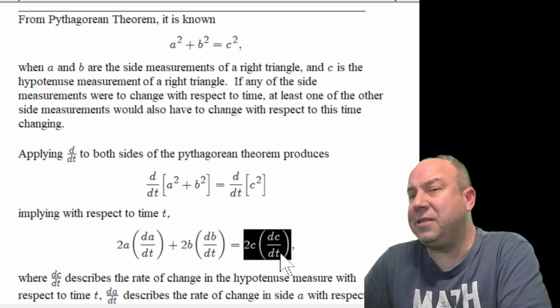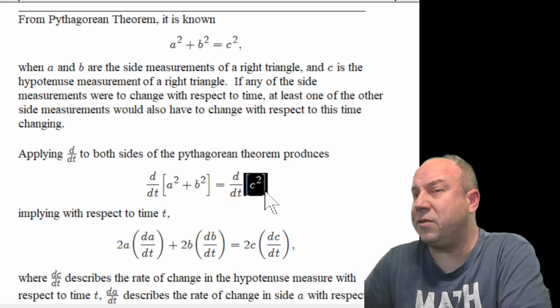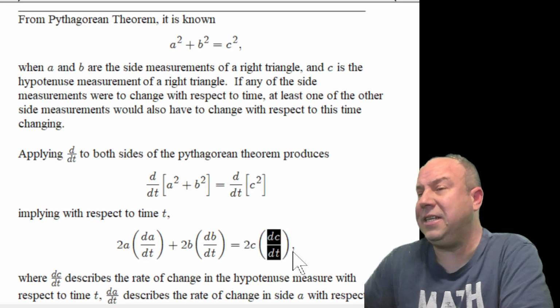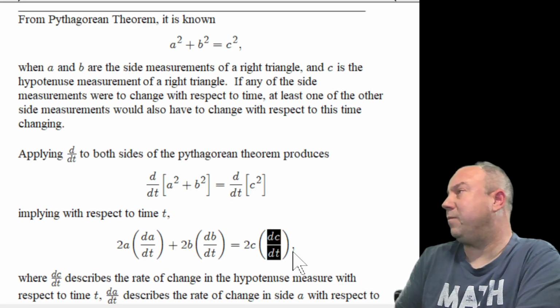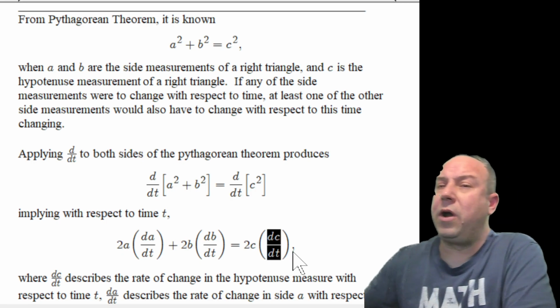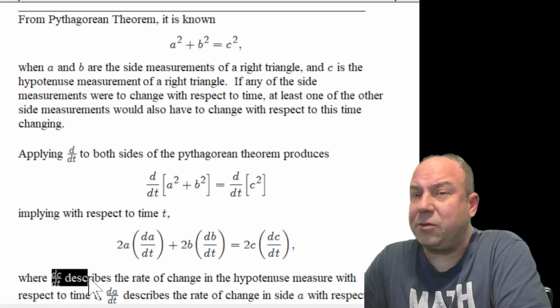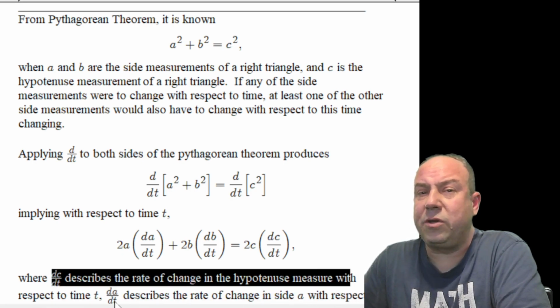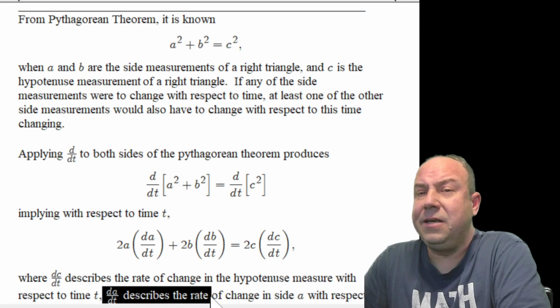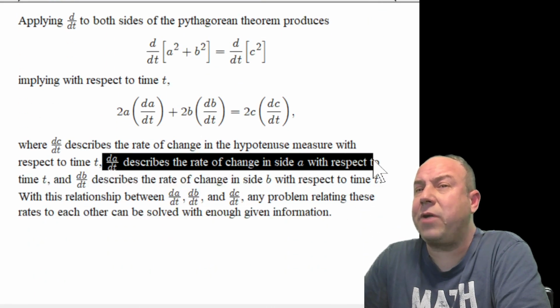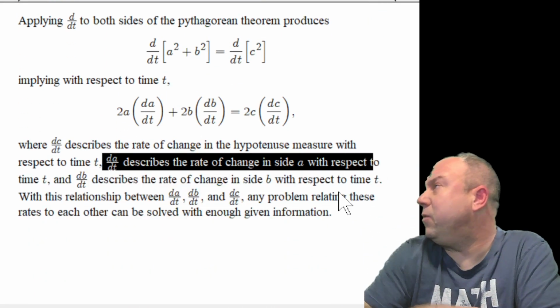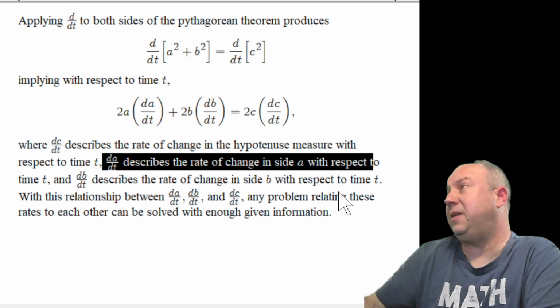And we see a similar result here on the right-hand side for c squared. It would end up with 2c times dc dt, where dc dt describes the rate of change in the hypotenuse measure with respect to time t. dA dt describes the rate of change in side measure A with respect to time t.